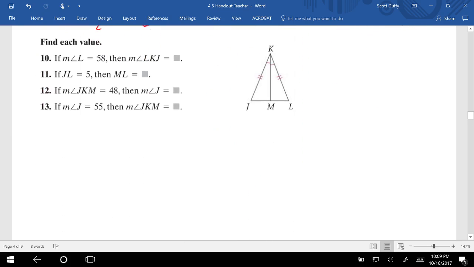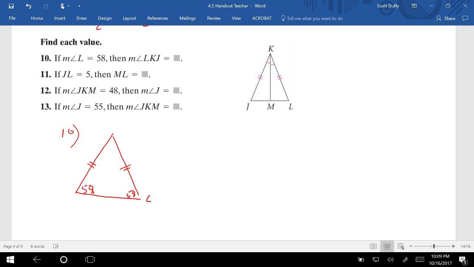Moving on, find each value. If the measure of L is 58, then the measure of LKJ. So for number 10, I'm going to redraw this a little bit here. L would be right here, so that's 58, meaning that if this side is equal to this side, then this is also 58.